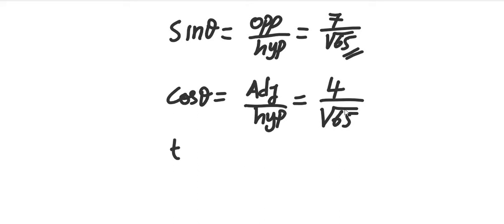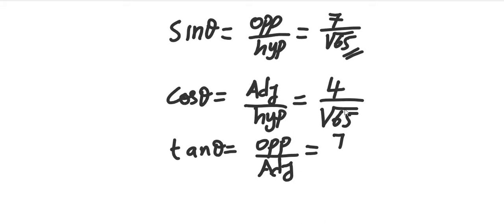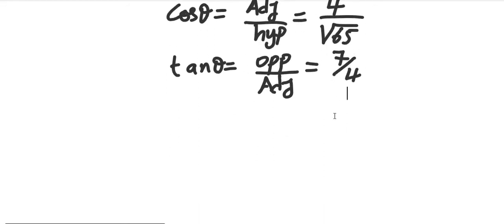Now my tan theta will be equal to the opposite divided by the adjacent, which is equal to, the opposite is 7 and the adjacent is 4. Let us proceed.